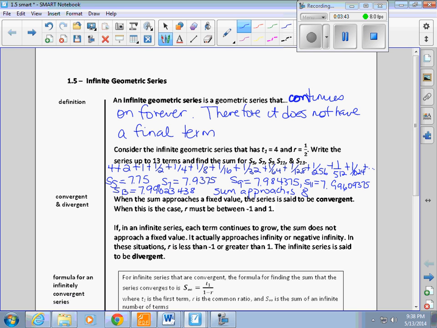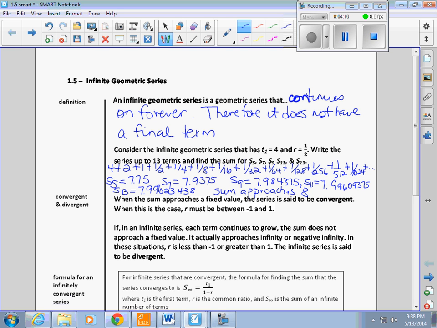So it says when the sum approaches a fixed value, the series is said to be convergent. If you think of converge and diverge, if you're converging, that means you're getting close to something, or you are taking two things and moving them closer together. If something's going to converge, then eventually it's going to come close to touching.